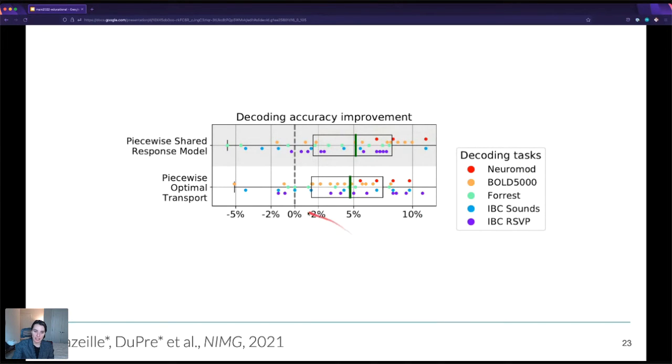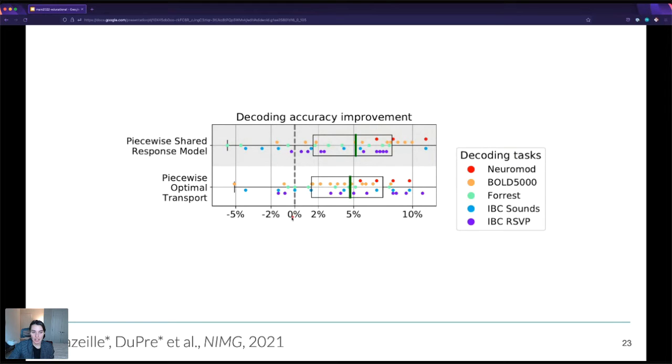What we're comparing against the 0% line is if we didn't do any kind of functional alignment, if we just used anatomical alignment, assuming that if we moved everyone to the same anatomical space based on their brain landmarks, we would be working in the same functional space.